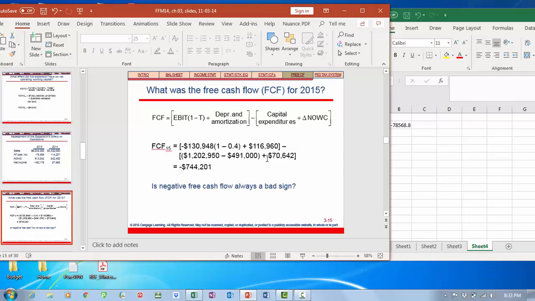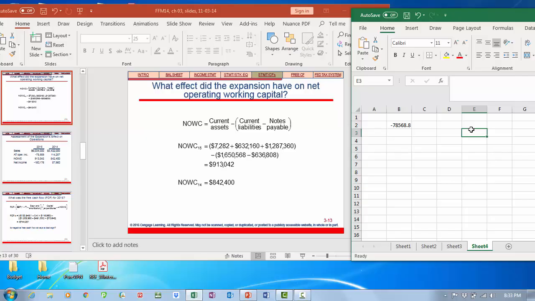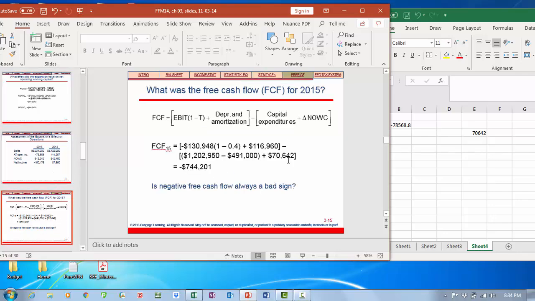So this number is that change number, and I can show you. So we can take that. This is going to be 913,042 minus 842,400. There you go, that's the number here, the 7642. This is the number that we just calculated.